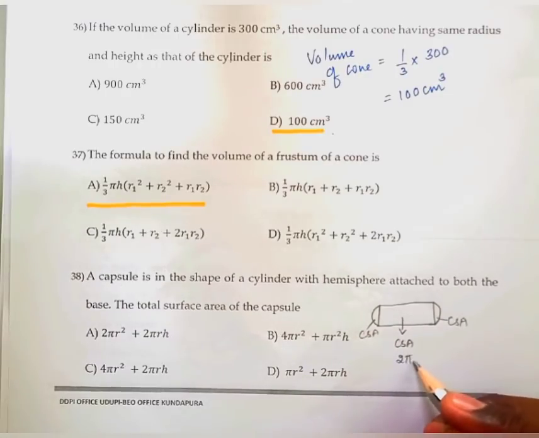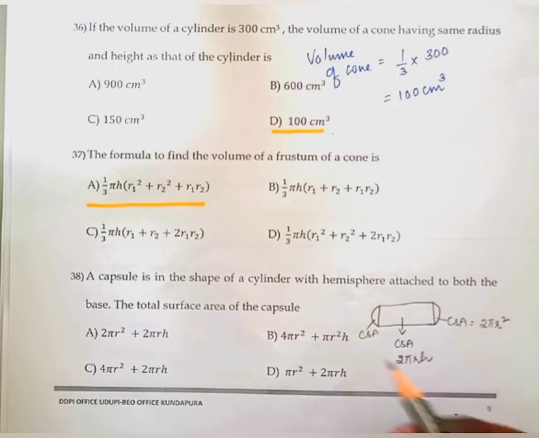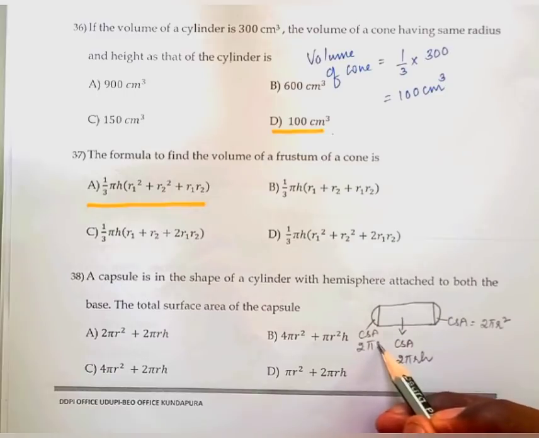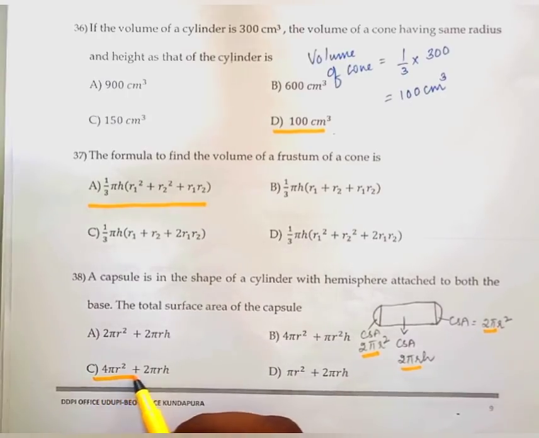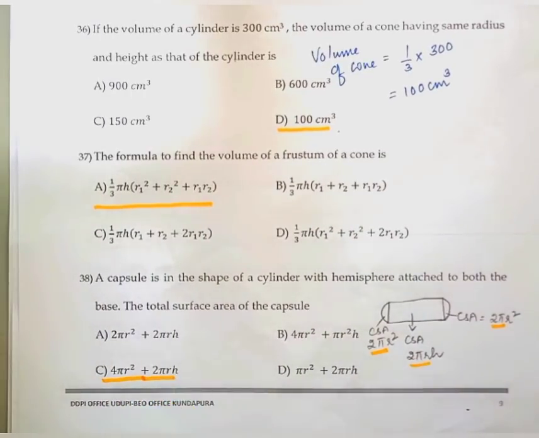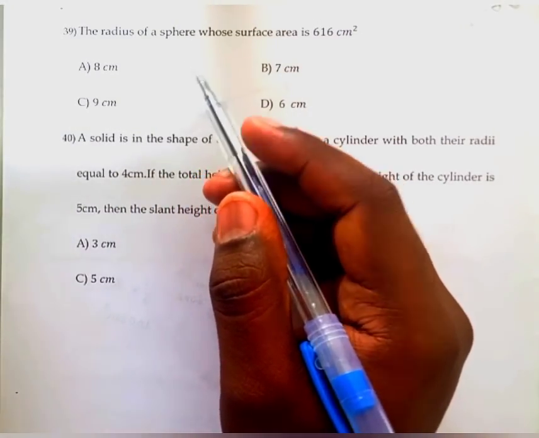CSA of cylinder is 2 pi rh, CSA of hemisphere is 2 pi r square and CSA of another hemisphere will be 2 pi r square. Now the total surface area of capsule is 2 pi rh plus 2 pi r square plus 2 pi r square, which is equal to 4 pi r square plus 2 pi rh. Therefore, the correct answer is option C, 4 pi r square plus 2 pi rh.